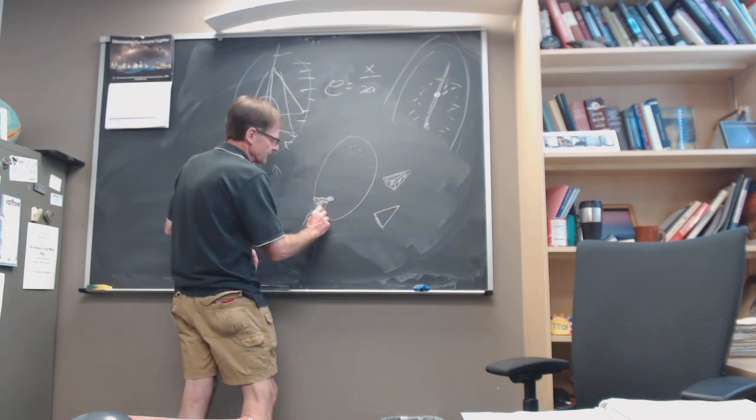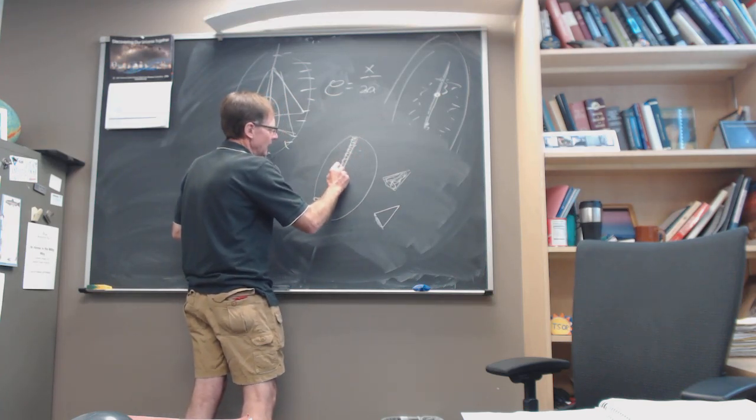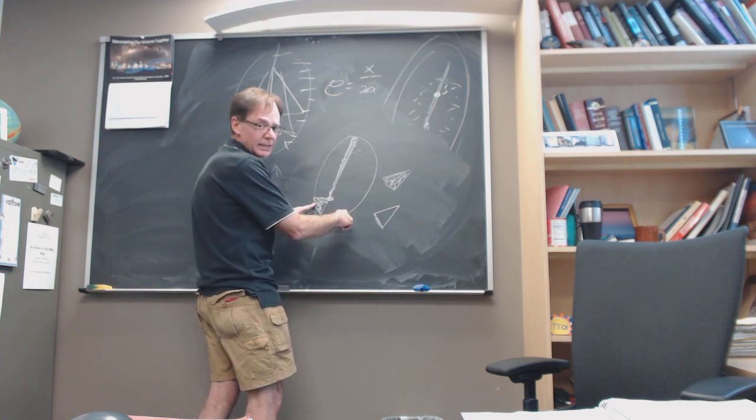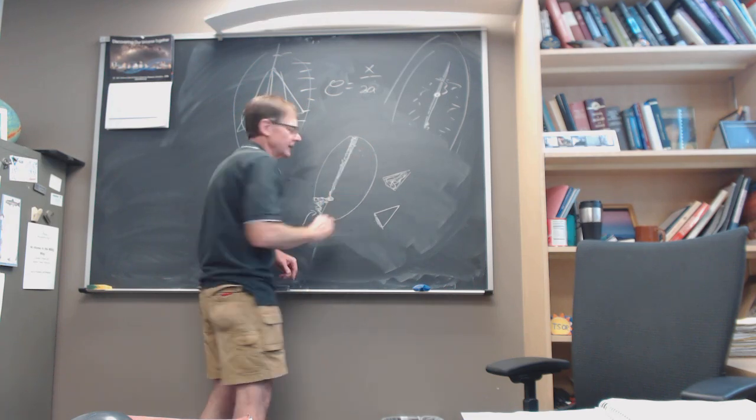And again, one when it's close and moving fast, and one when it's far away and moving slowly is going to be more convincing to a reader than two of them that look the same. This is where you're trying to figure out if it sweeps out equal area in equal time.